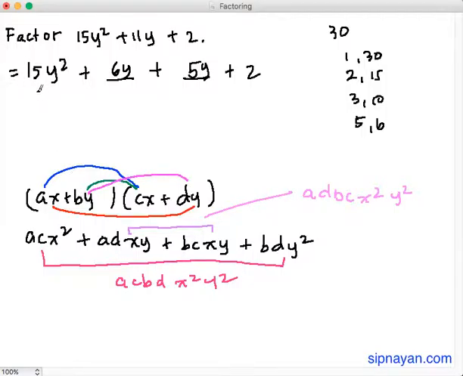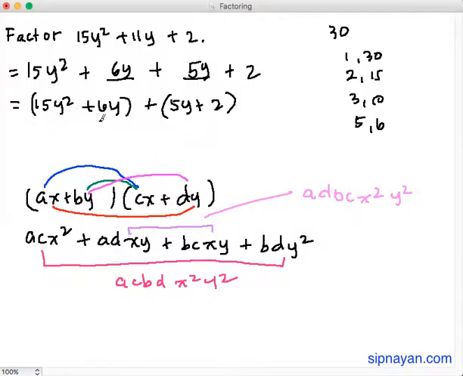Okay. So using this, we can factor. We group 15y squared plus 6y, factoring by grouping as we learned, plus 5y plus 2.